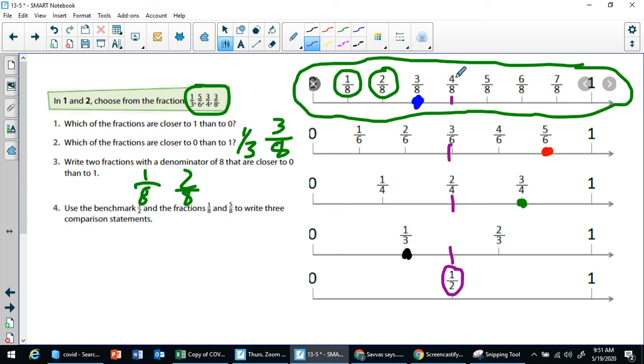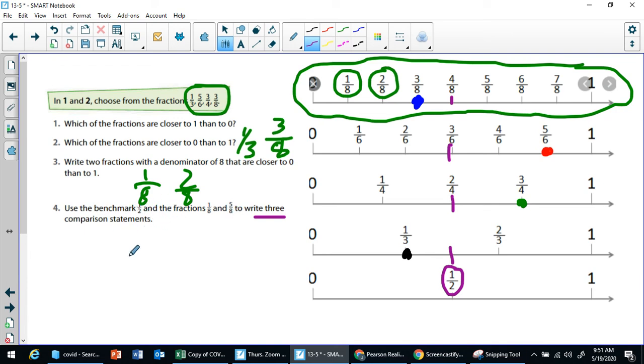If the numerator is half of the denominator, it equals a half. 4/8 is 1/2. 3/6 is 1/2. 2/4 is 1/2.